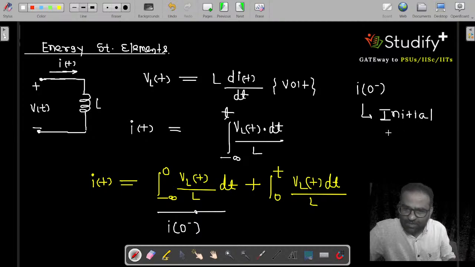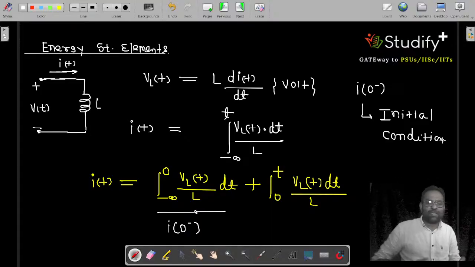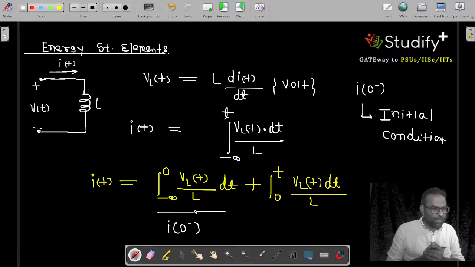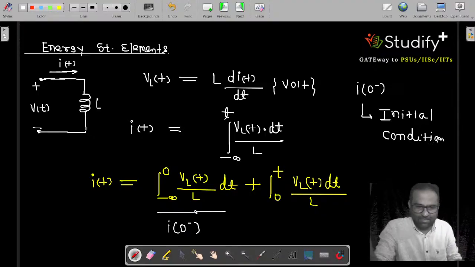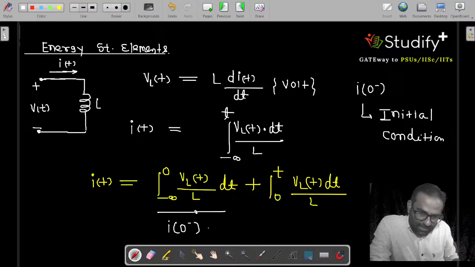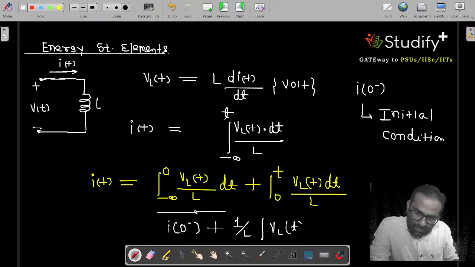This response is also known as the zero input response: when there is no input in the system, the response of the system is the zero input response. And the other part is 1/L times the integral of v_L(t) dt. This is i(t).